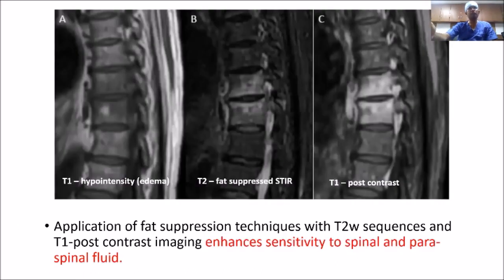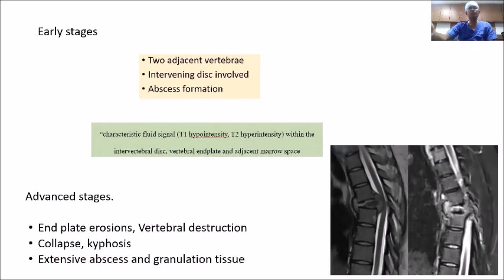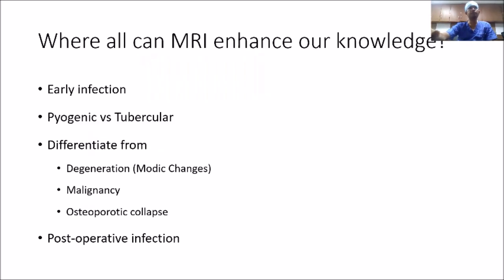Sometimes in doubtful situations, or to accentuate the findings which we see in a conventional MRI image, we use special sequences like T2 fat suppressed, also called the STIR images. We also sometimes use post-contrast T1 images. In an advanced stage, you see more extensive changes like end plate erosions, vertebral destruction, collapse, kyphosis, and extensive abscess formation, wherein the diagnosis is pretty much straightforward for us.